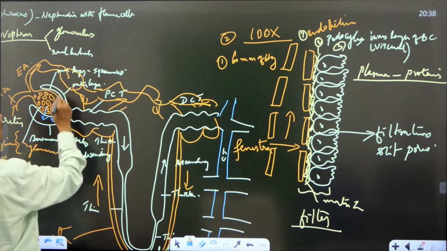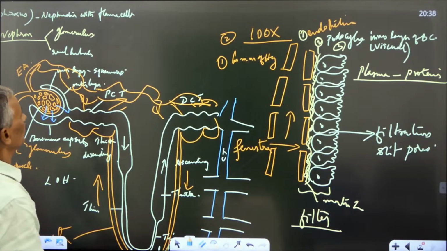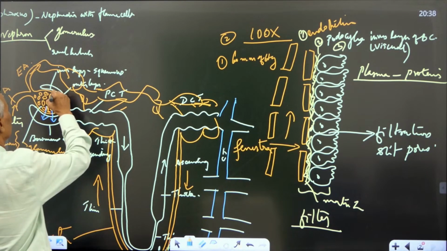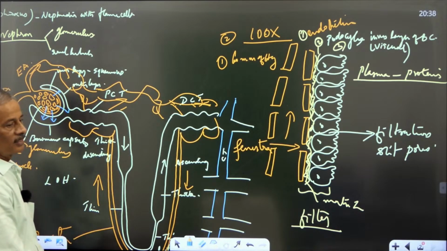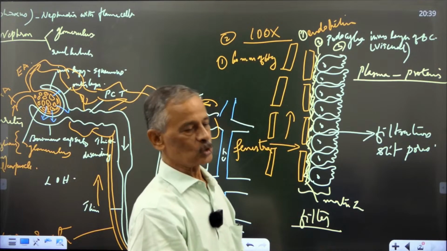This is the space between the outer layer and inner layer of Bowman's capsule, this capsular space. This is called the capsular space. To that space the liquid is collected and stored.